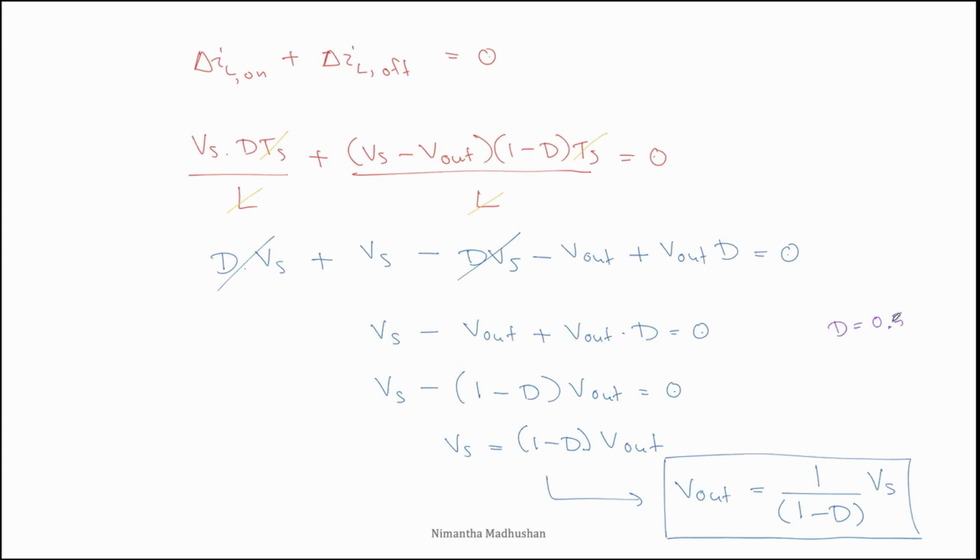If d is equal to 0.5, 1 over 1 minus 0.5 means 1 over 0.5, which is greater than 1, so I can obtain Vout always greater than Vs. For any d value, you can obtain an output voltage greater than the input voltage Vs. 1 over 1 minus d always gives a value greater than 1, since D is always less than 1, as I explained in the previous video also.